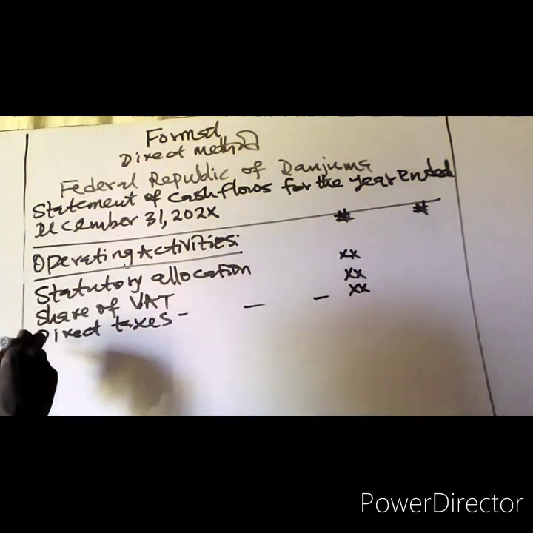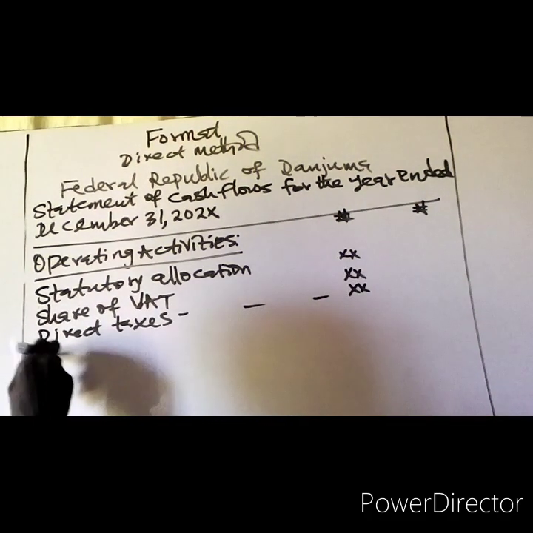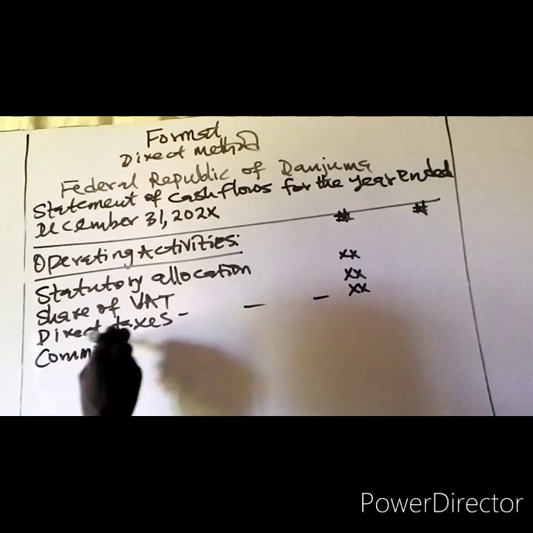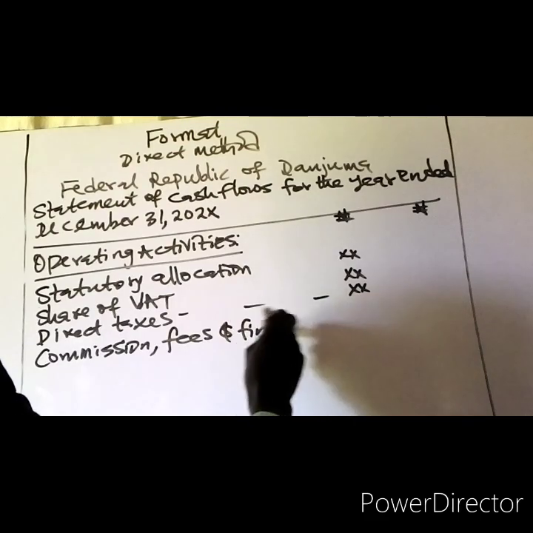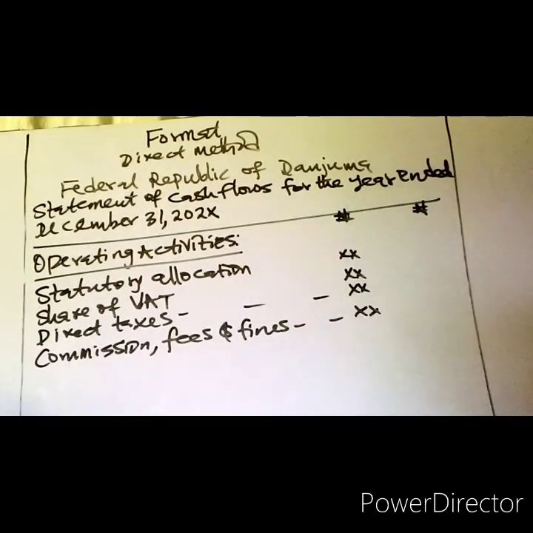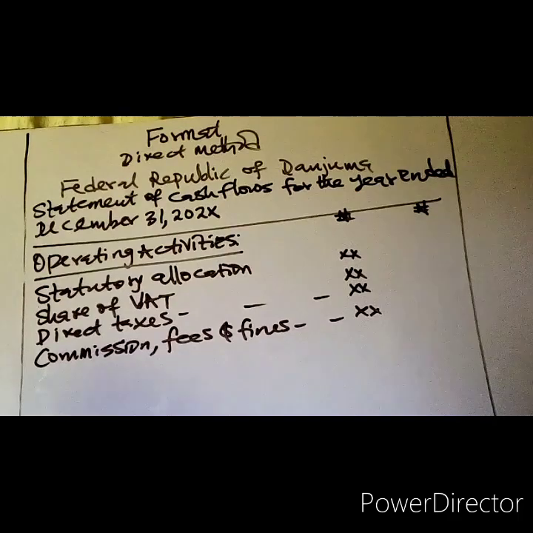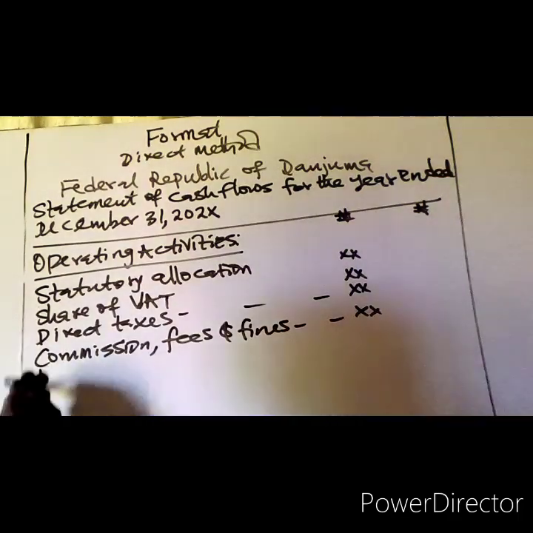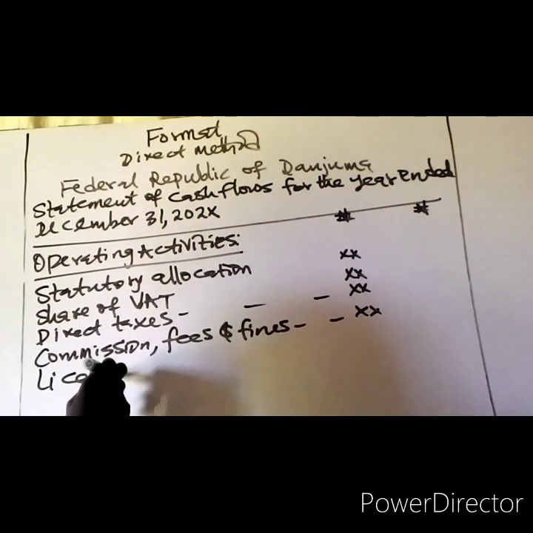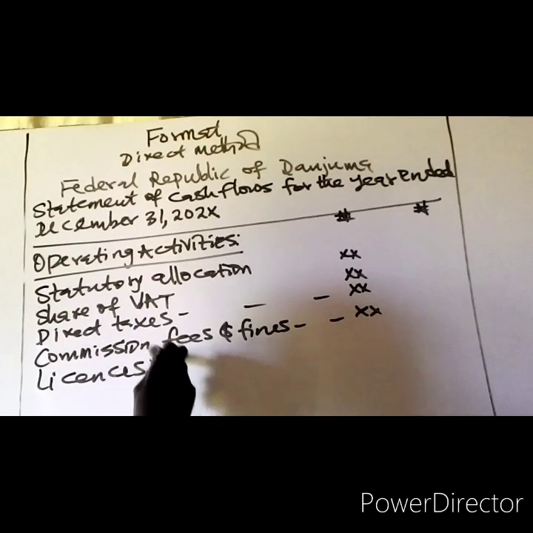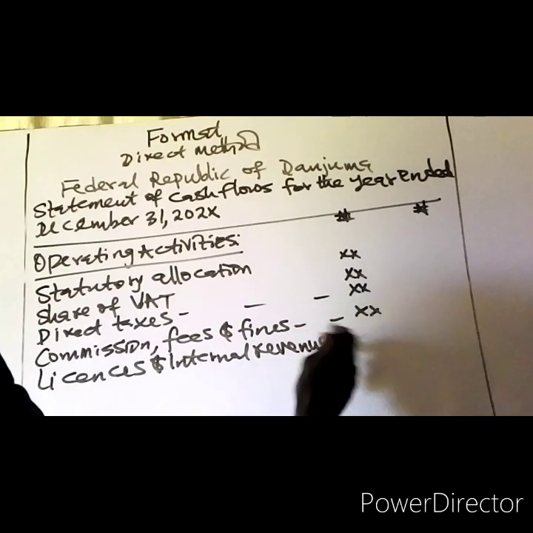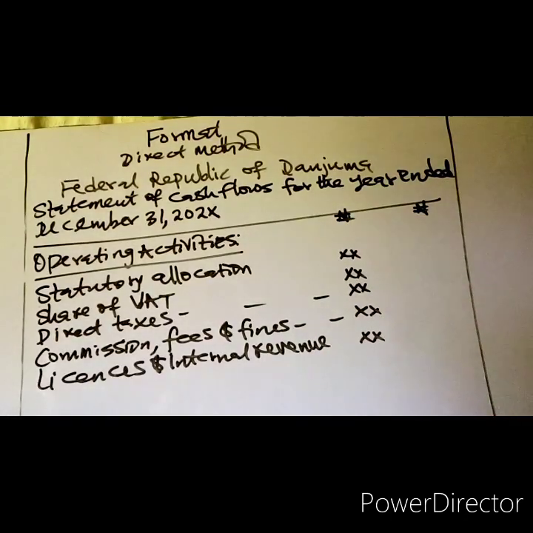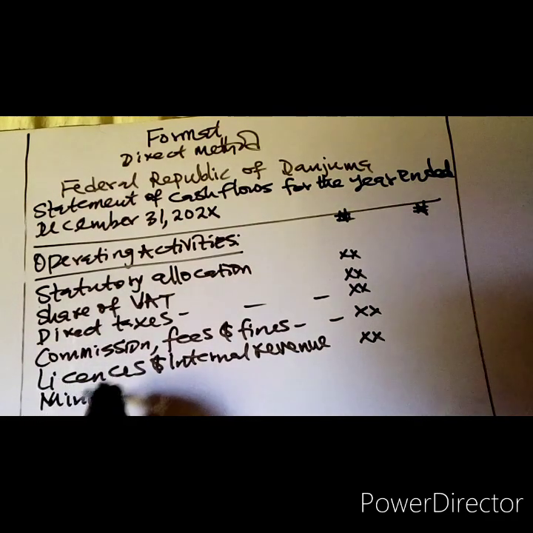Then we have commission, fees, and fines. It's also one form of revenue. We have licenses and internal revenue. Then we also have revenue from mining.